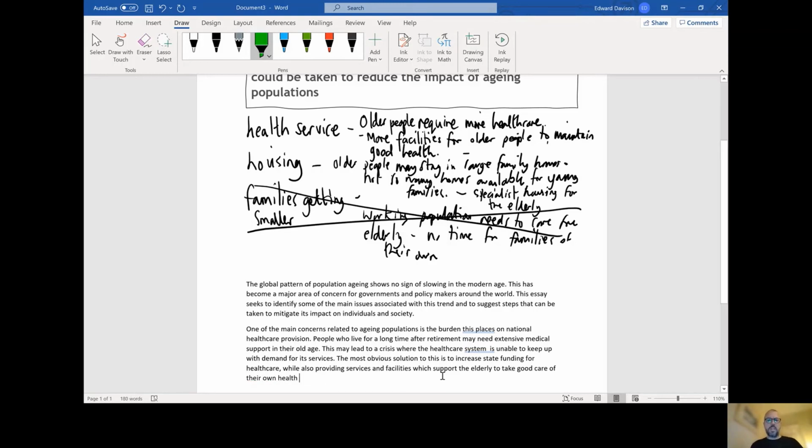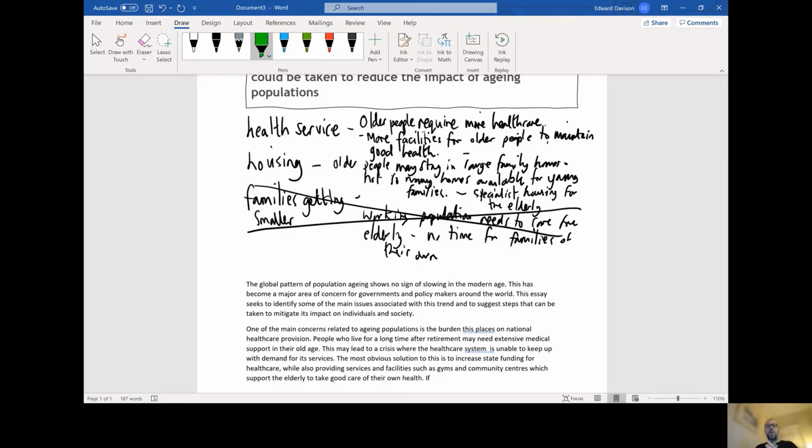Providing services and facilities such as gyms and community centres which support the elderly to take good care of their own health.